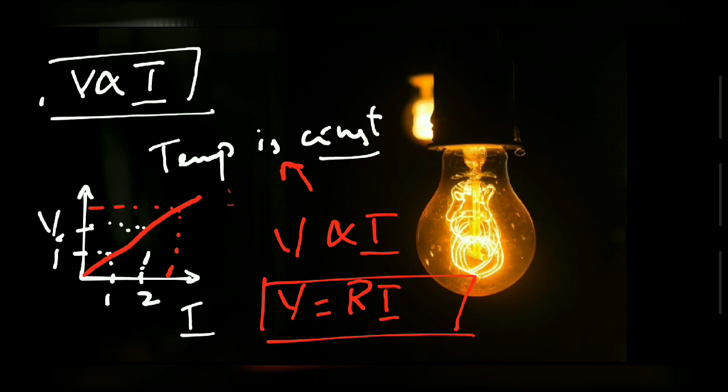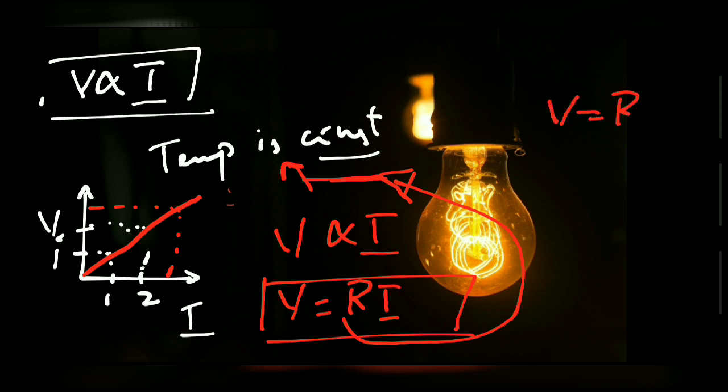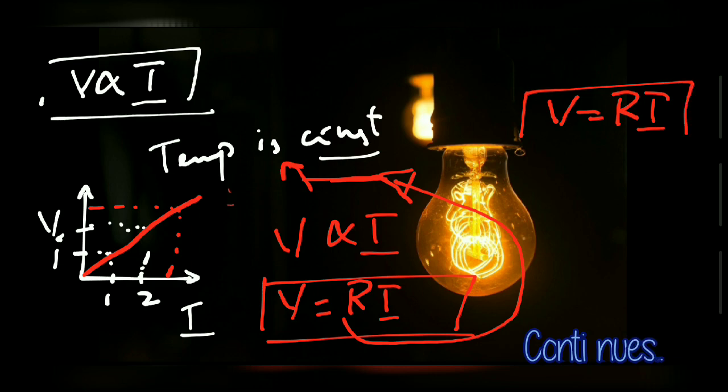And this resistance also works only if the temperature is constant. So this R holds good only if the temperature is constant. So this is what you need to know. So at the end, Ohm's law states V equals R I. Got it?